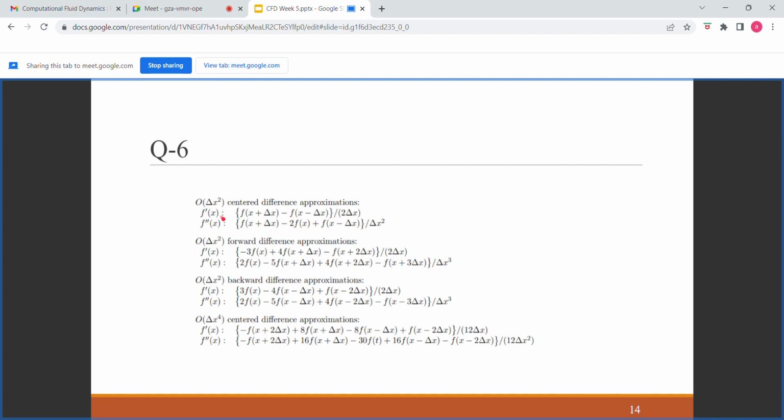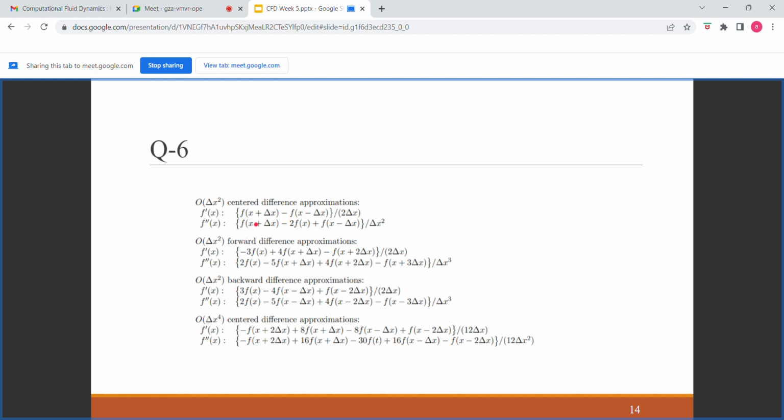For this we need to get the f double dash of x through central difference scheme, forward difference scheme and backward difference approximations. All of these are given for second order and fourth order accuracy.